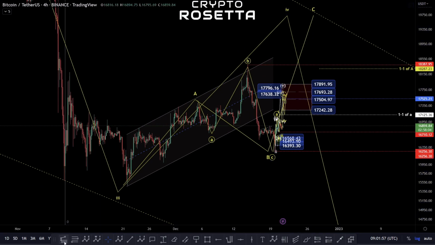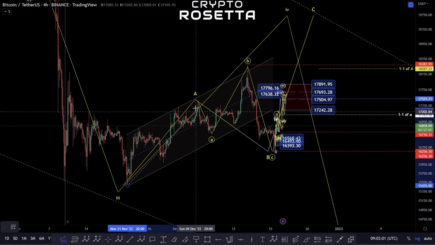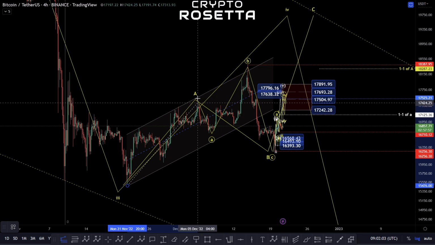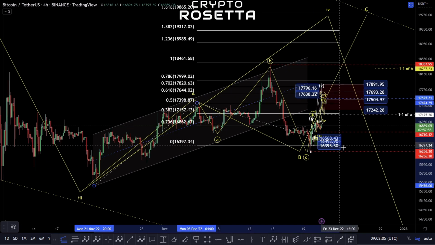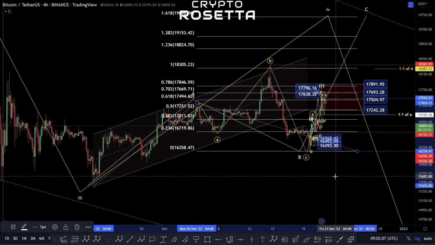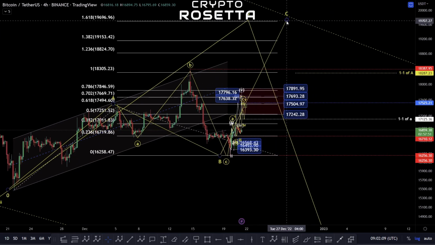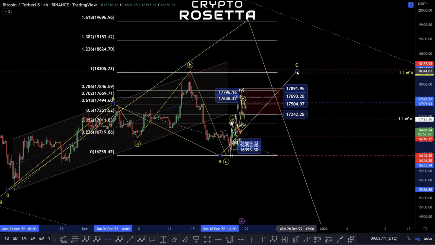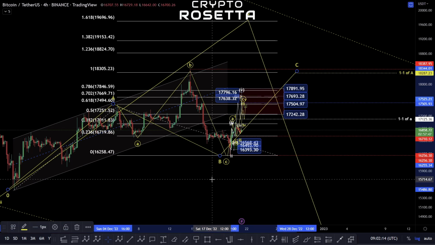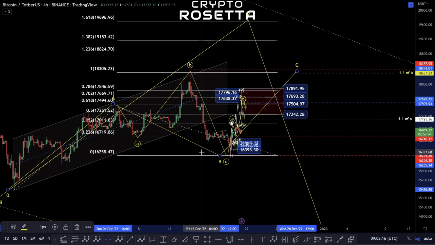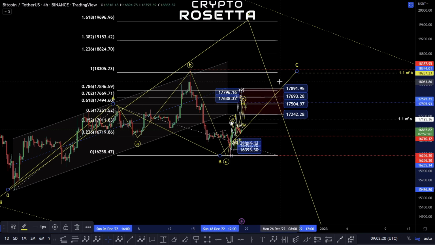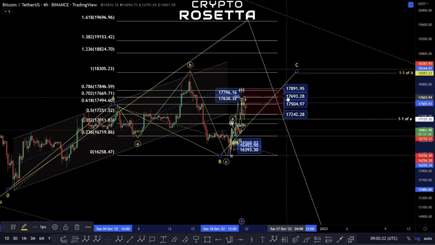And basically what would happen with this is, if I measure this off here, this would potentially look to target out these higher zones here, down to this low, this zone of this 1-to-1, which would be this 18,287 area.